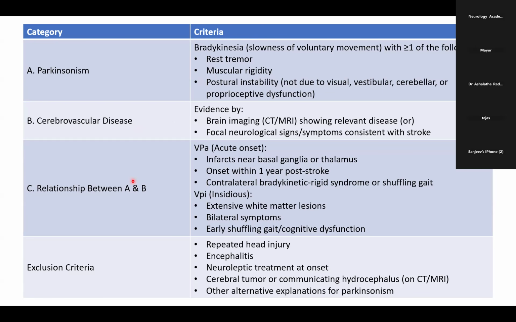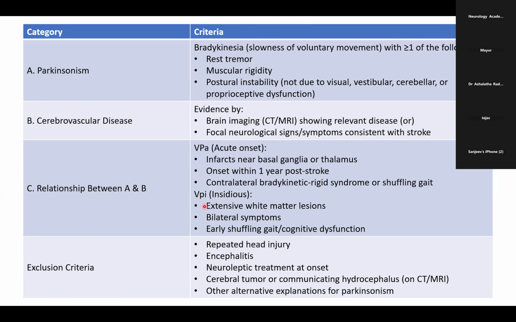The relationship between A and B decides whether the vascular Parkinsonism is of acute onset or insidious onset. Infarcts near the basal ganglia or the thalamus with onset within 1 year of stroke, and a contralateral bradykinetic rigid syndrome or shuffling gait, are included in acute onset vascular Parkinsonism.